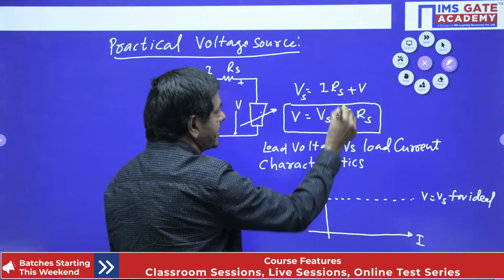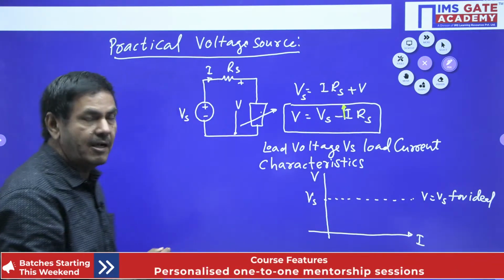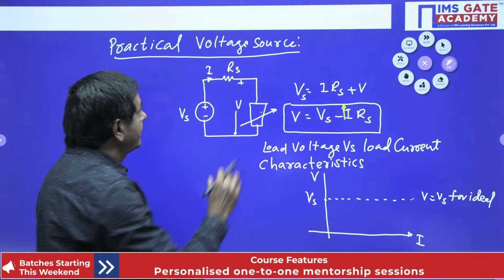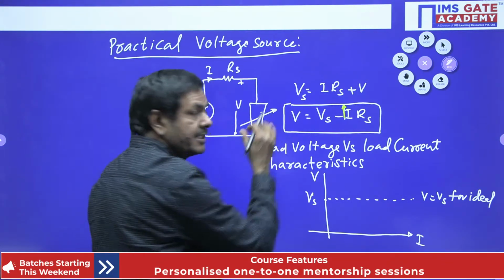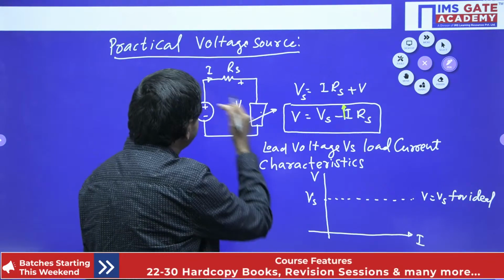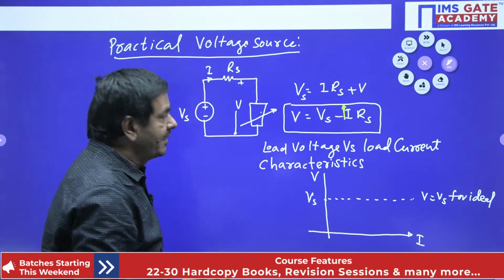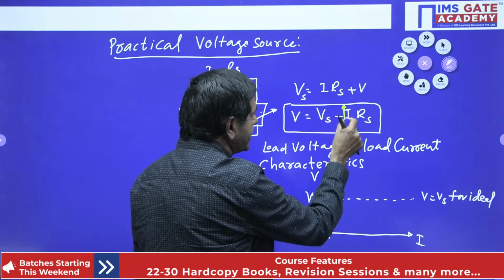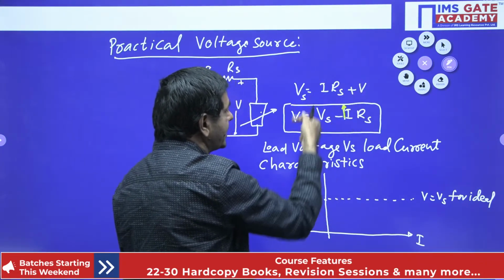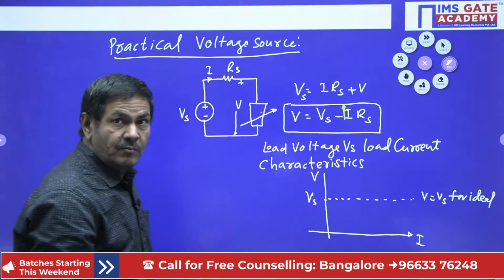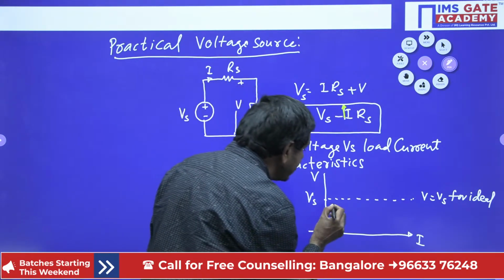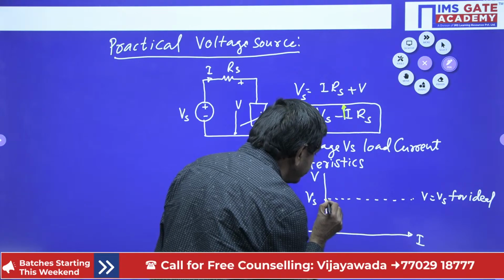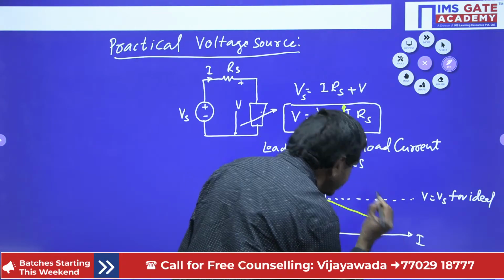How can I increase the I value? The load resistance is to be decreased. Whenever the resistance decreases, the current is going to increase. At that time, the voltage will decrease. Whenever the current is increasing more and more, the voltage also decreases. That decrease will come in this way only.